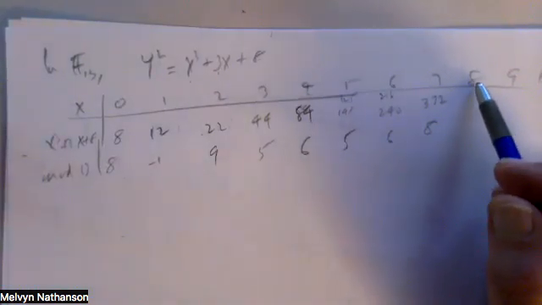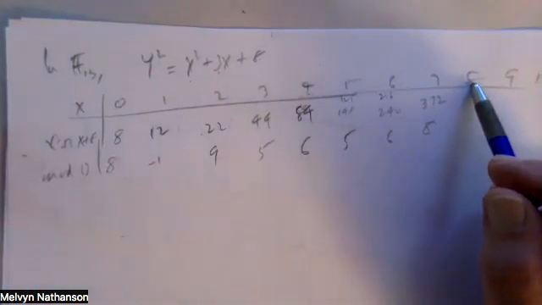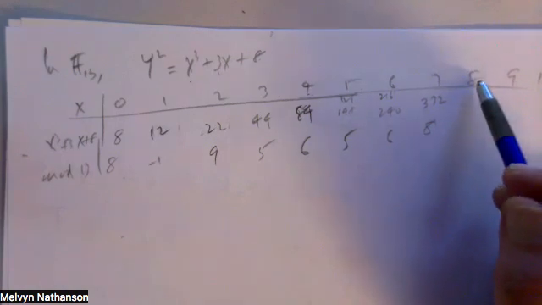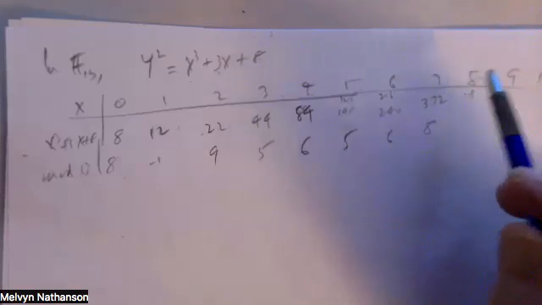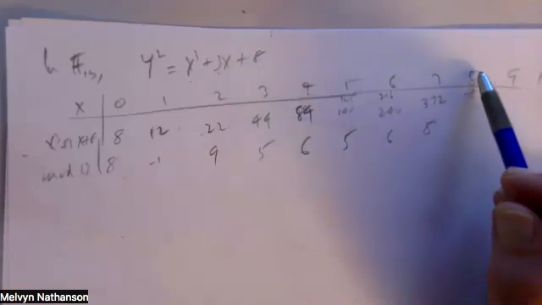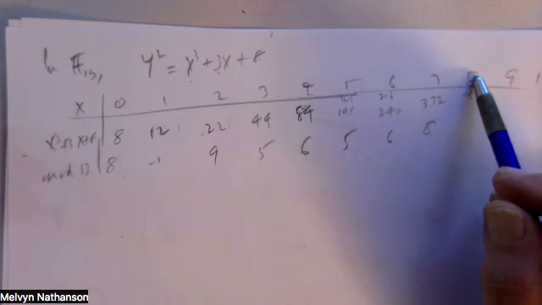Let's see, 8 squared is 64, which is minus 1 times 8 is minus 8. Plus 8 is 0. 3 times 8 is 24.